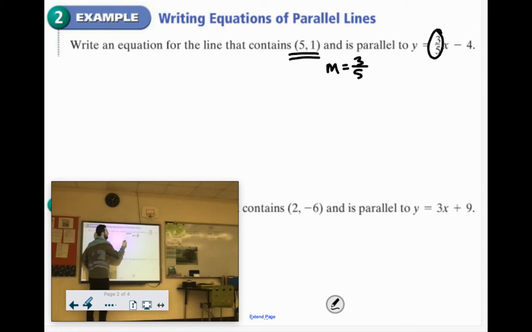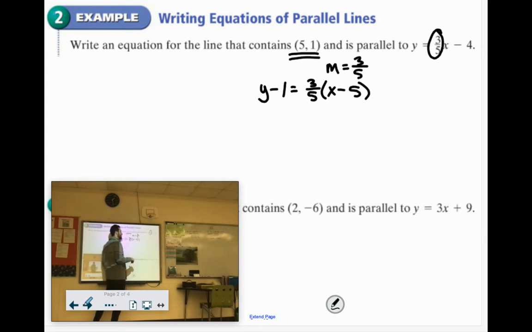So if we were dropping it into point slope form, it'd be y minus our y coordinate, which is the 1, equals our slope, 3/5, and then x minus our x coordinate, 5. Now it doesn't tell us which form to put it in, so maybe they intended it to be point slope, and in that case, we would be done. But they didn't. They wanted it in slope intercept form, they always do.